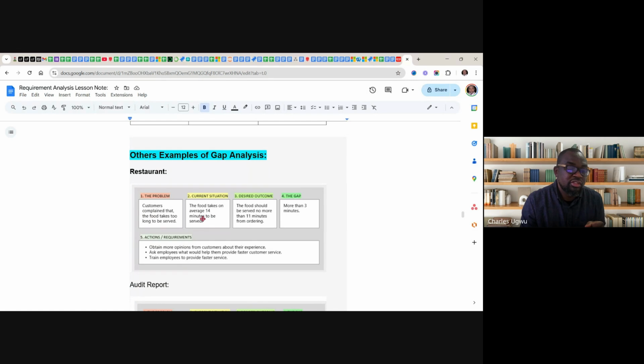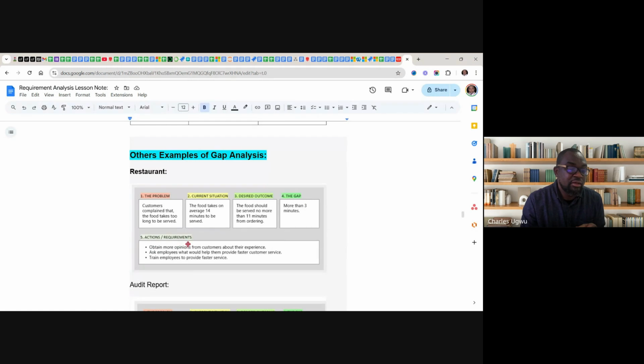So the current state is 14 minutes, the desired state is 11 minutes. And then what is the gap? You subtract 11 from 14, that is 3 minutes. That is the gap here. You need to do whatever you need to do to claim these 3 minutes from the 14 minutes.